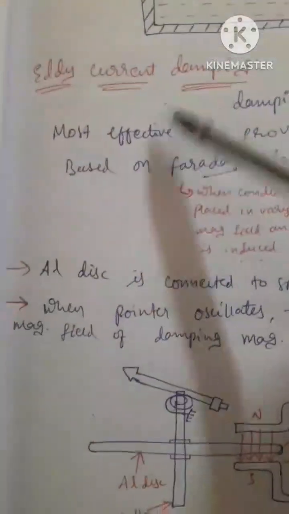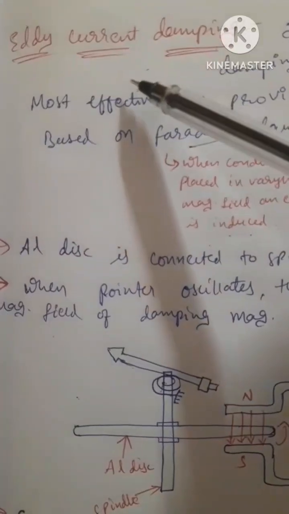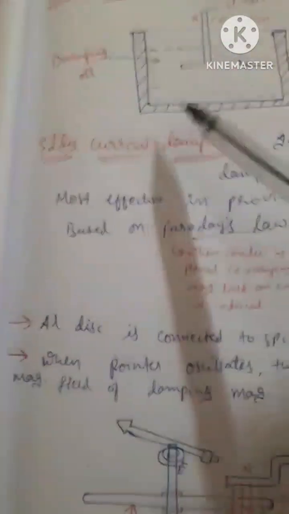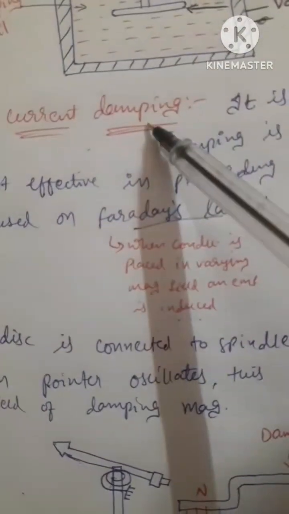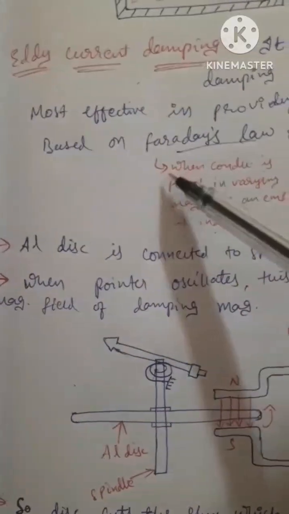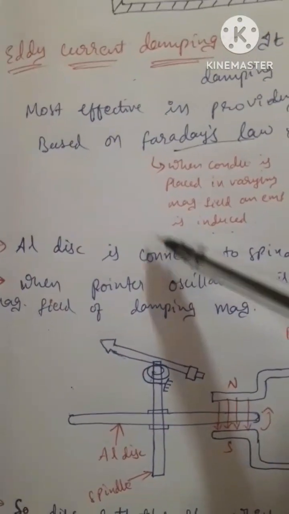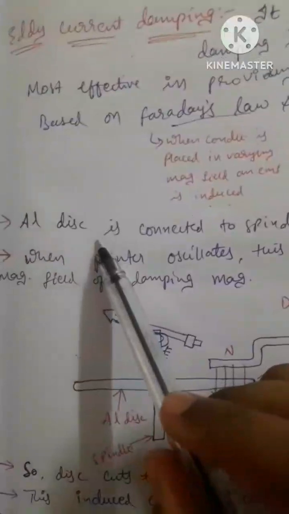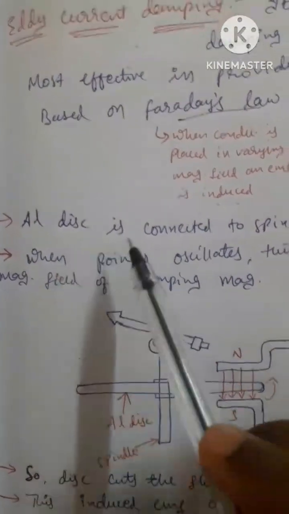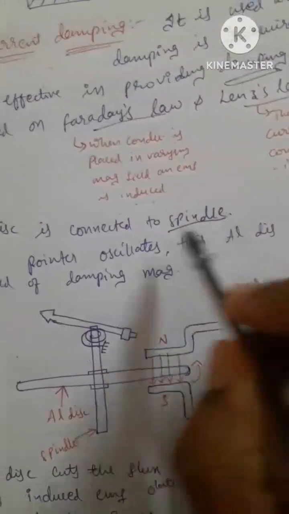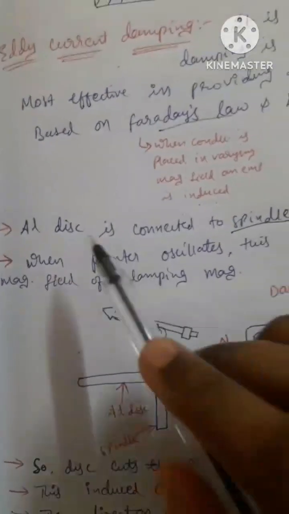So in eddy current damping we use an aluminum disc. This aluminum disc is connected to the spindle. Why do we use an aluminum disc?